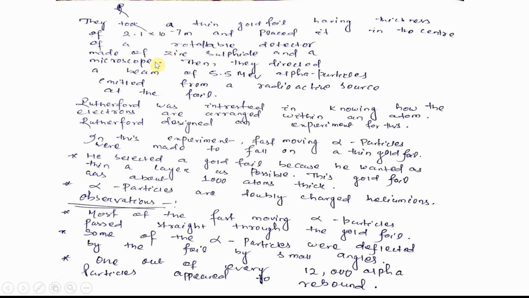That detector, yellow in color, is made up of zinc sulfide and a microscope. Then they directed a beam of 5.5 MeV energy alpha particles emitted from a radioactive source at the foil.